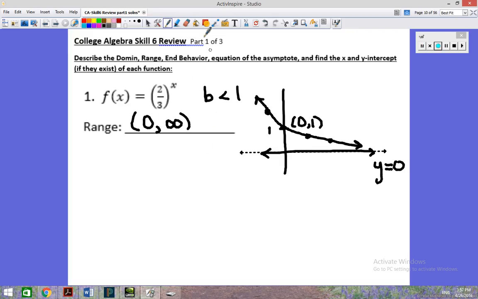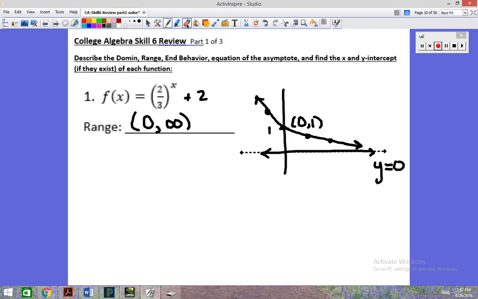Now that will not always be true. You may have an exponential function where the horizontal asymptote is lifted up, say maybe 2 units. The whole graph lifts up, so the range would be 2 to infinity.